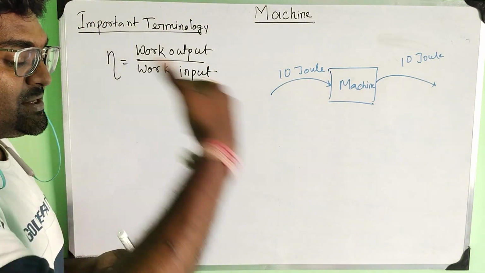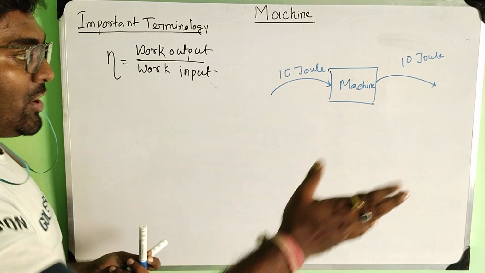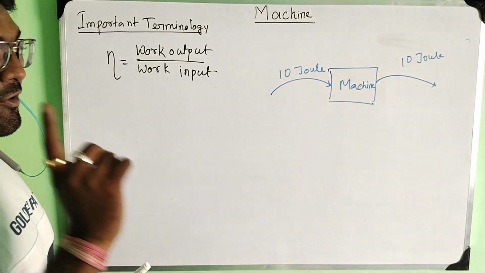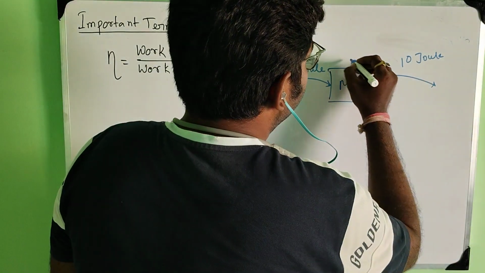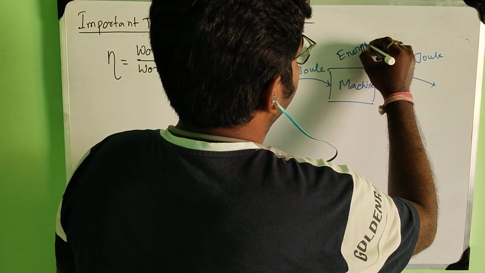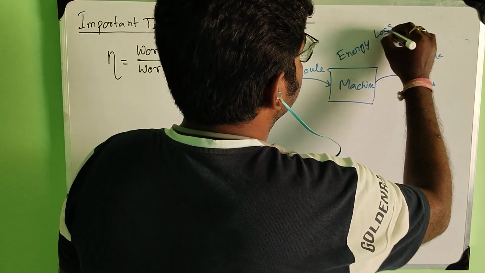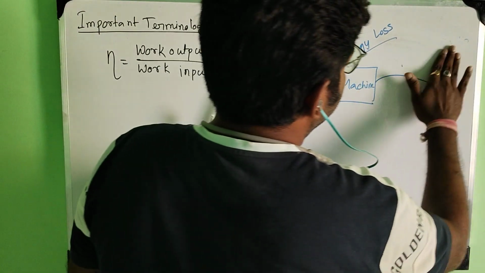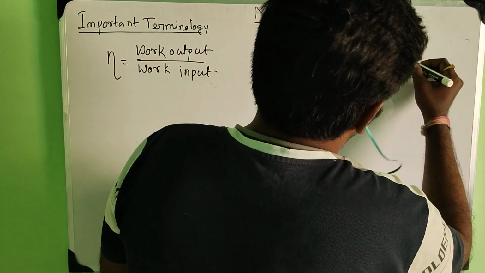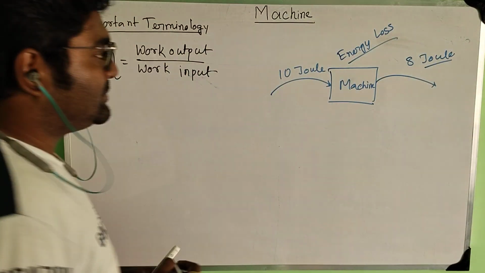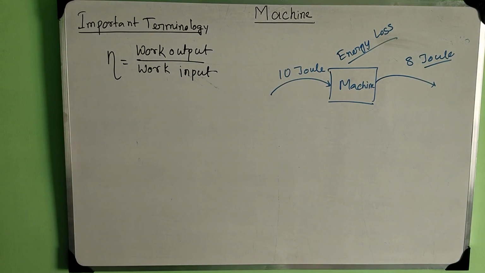That means the energy which I am giving, it will not give exactly that amount of energy as output. Some energy loss will be there in the machine, and after losing some energy, it will give, suppose, 8 joule output.